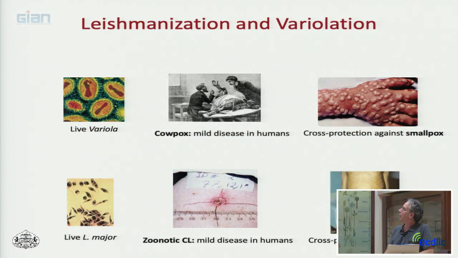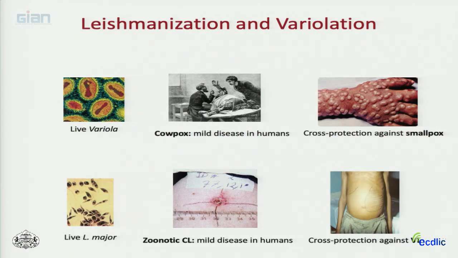Okay, and I throw this up there because in ways I think it's similar to the first vaccine that was ever developed, which was, of course, using cowpox or variola to protect against smallpox. So cowpox was a pox virus of cows, produced mild disease in humans, but it cross-protected against this horrible and usually fatal disease of smallpox in humans, right?